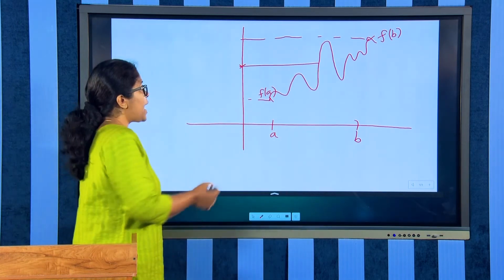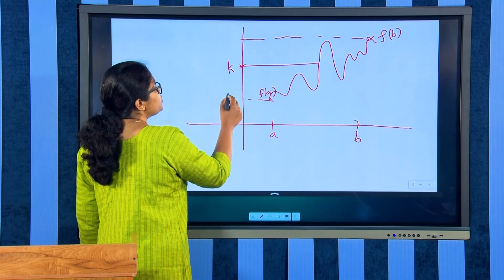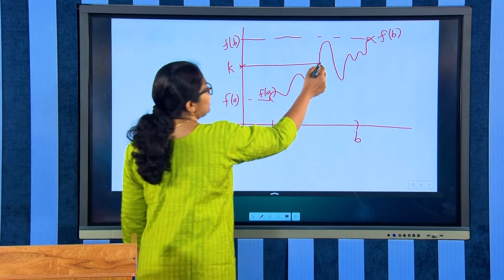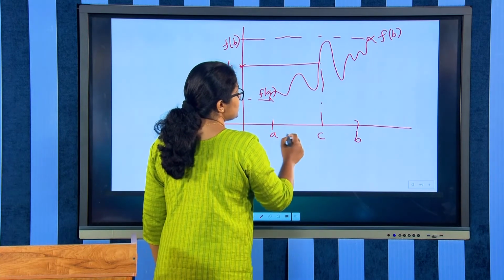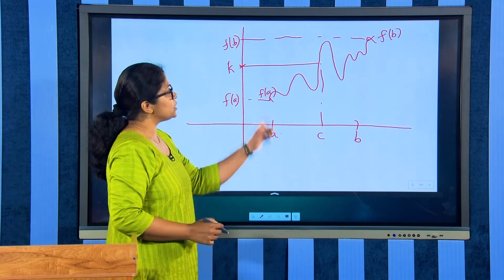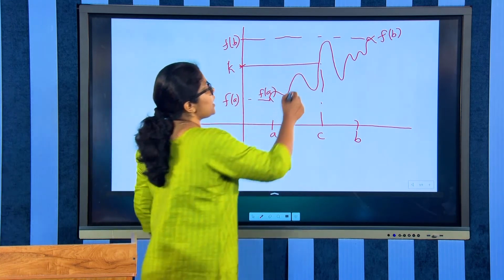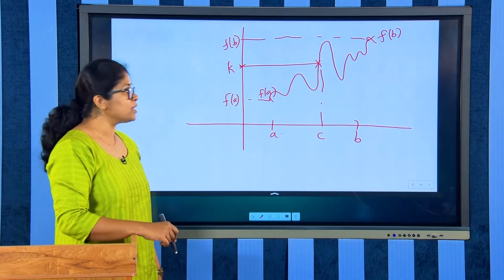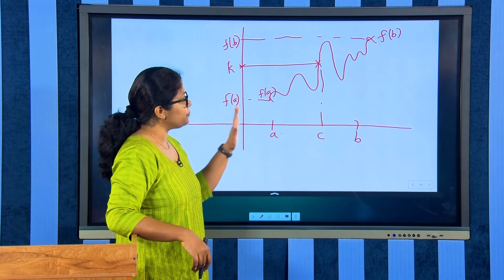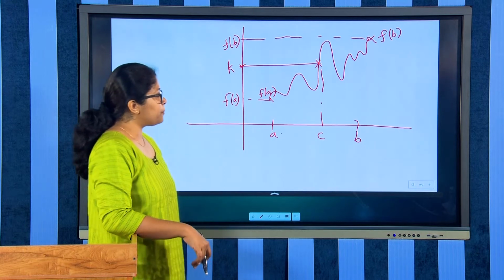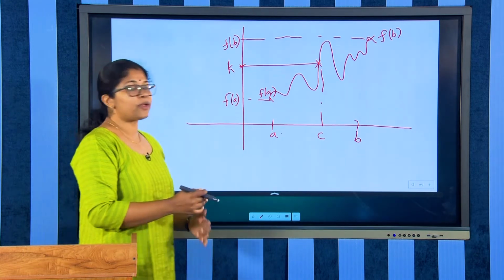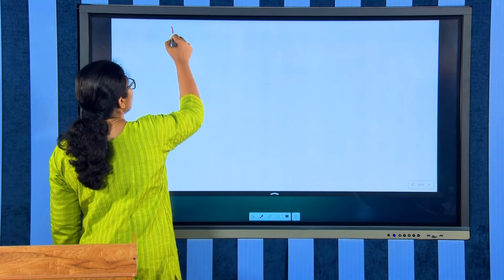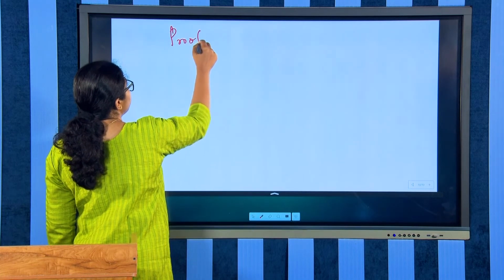Here you take k between f of a and f of b. Definitely there exists a point c between a and b such that k is exactly equal to f of c. That is what the intermediate value theorem says. The proof of this theorem follows from the location of roots theorem. The proof of the intermediate value theorem.